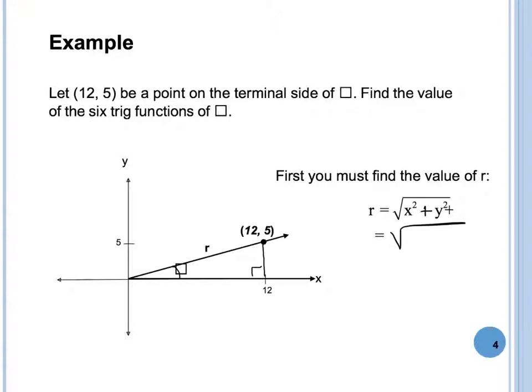I'm going to take 12 squared plus 5 squared, which is 144 plus 25, which I think gives us 169. And amazingly, that's a perfect square itself, so r equals 13. And we're going to work with the 12, the 5, and the 13, and all 6 trig functions on the next slide.